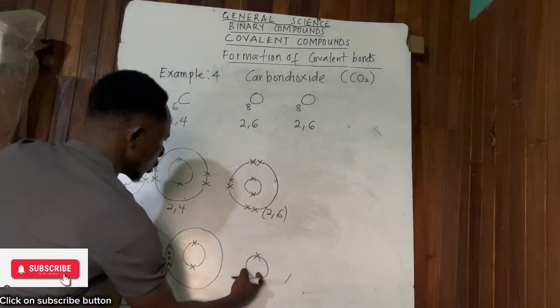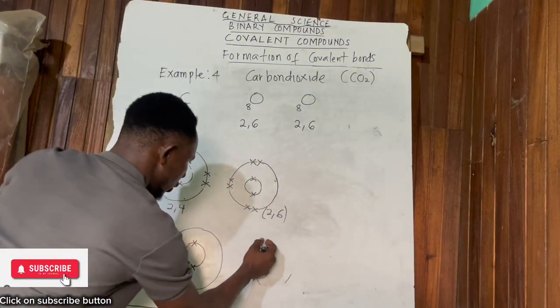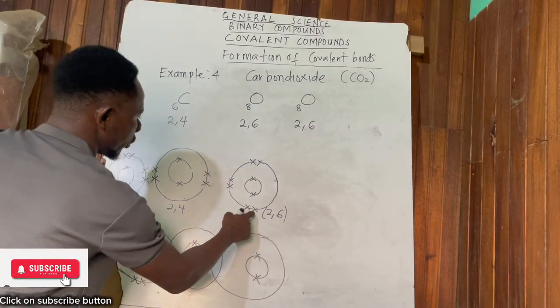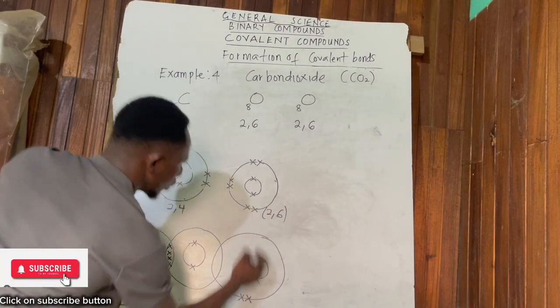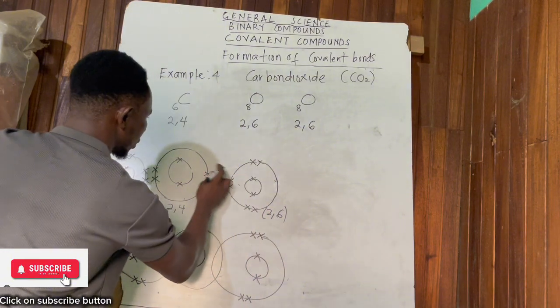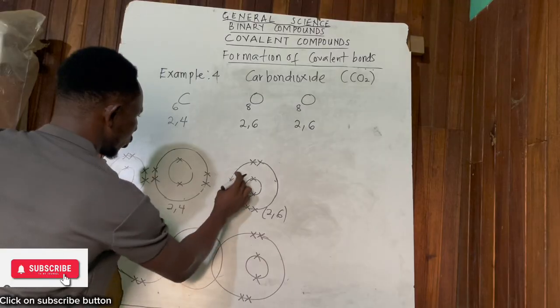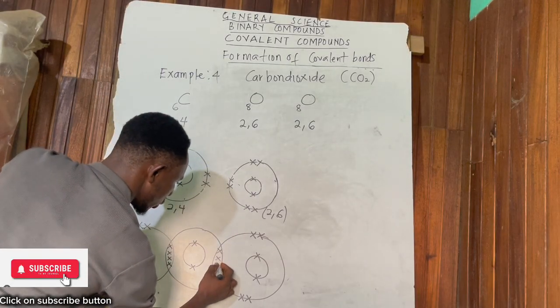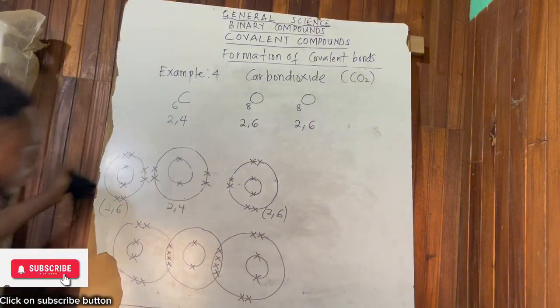Here also is the 2. Let me join this. There is 2 here, 1, 2. There is 2 here, 1, 2. There is 4 here, like this. We are going to join this and this. So 1, 2, 3, and 4, like this.